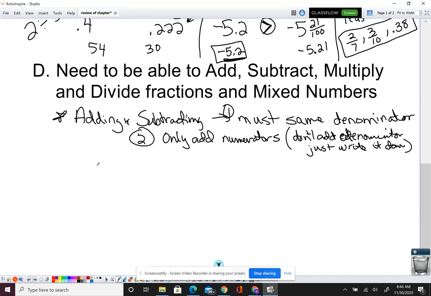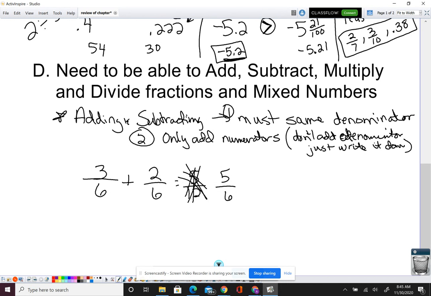If I saw someone convert a fraction to like 3/6 plus 2/6, they were telling me that this was equal to 5/12. They added both the numerators and the denominators. Make sure not to do that. It is 5/6. If you have a calculator, you plug in the problem.